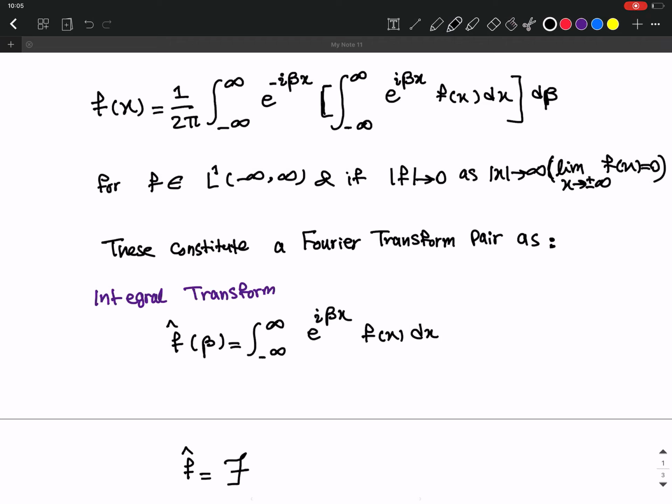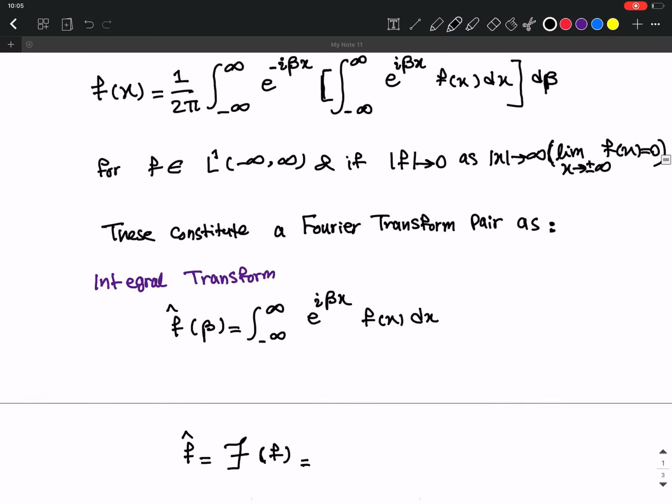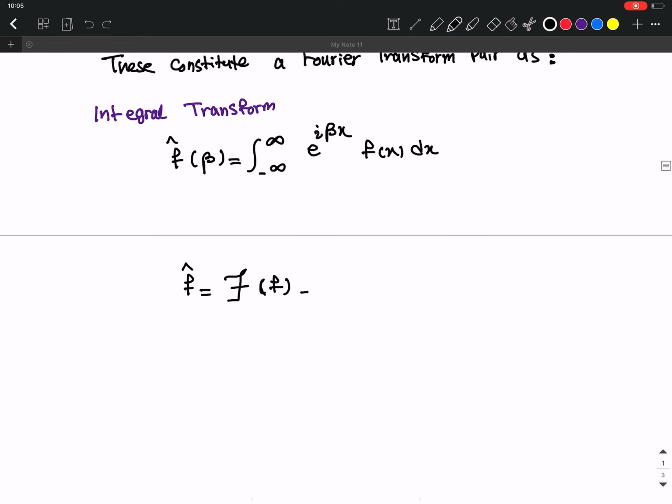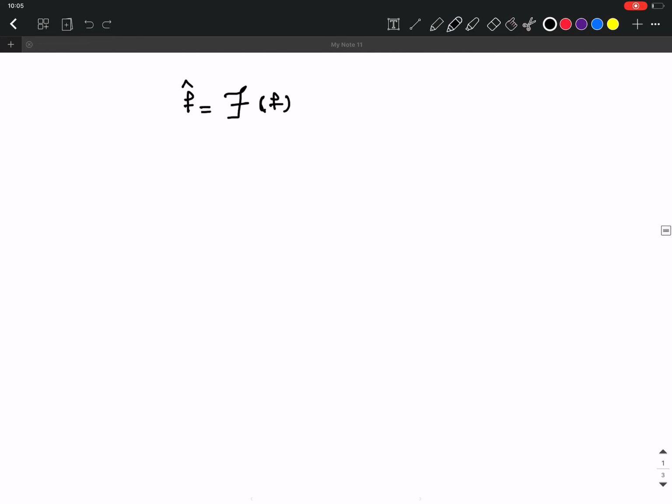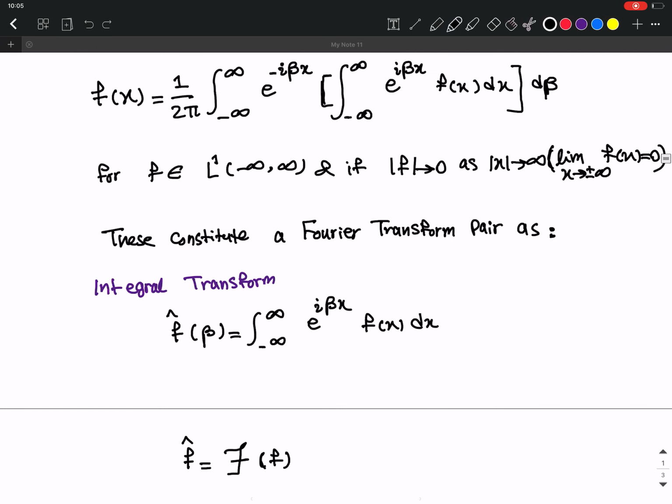I just show it in the operator form with this. This is just this integral that you see here. So this equals to, and this is called a Fourier transform. So this is Fourier transform.